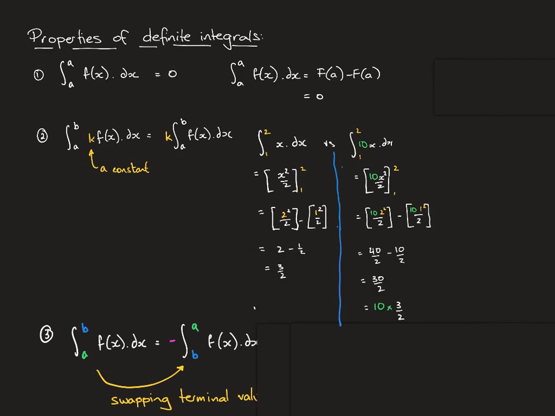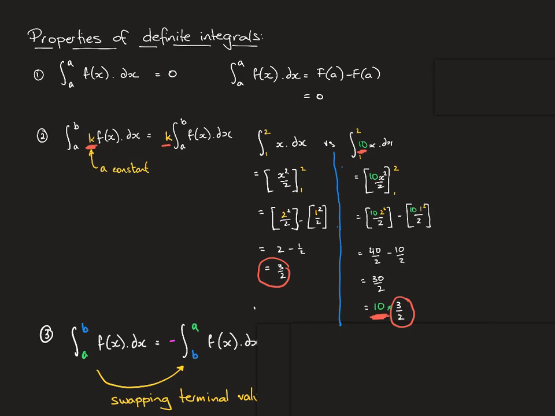And so what we've got, this is our integral from 1 to 2 for x, and that is exactly the same as our integral here with our 10 multiplier that was inside the integral, now outside the integral. So if it was inside the integral, you can pull it out to the front.